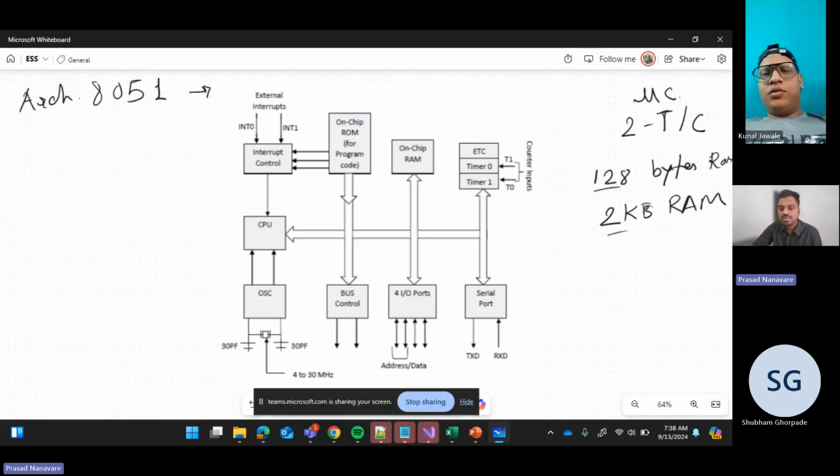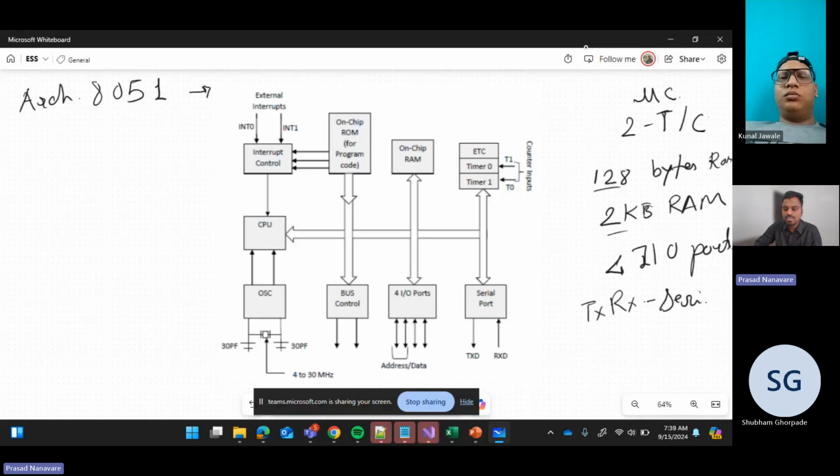So it has 128 bytes of RAM, 2 KB of ROM, two timers, two counters, and four input output ports. These are general purpose input output ports. Then there is one serial transmitter and one serial receiving pin available for serial communication and serial transmission of data. There are serial ports, as you can see.